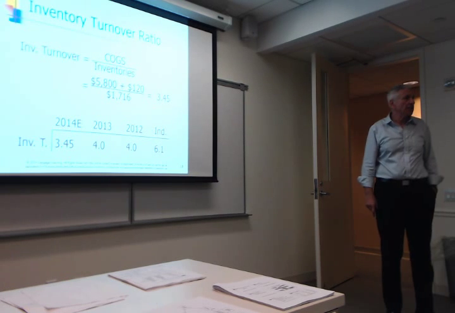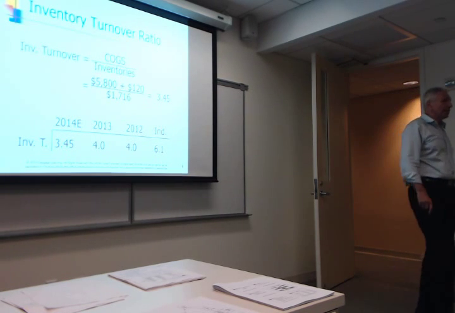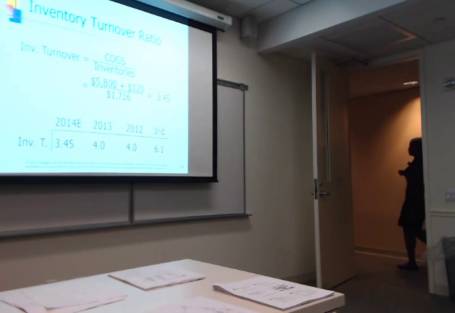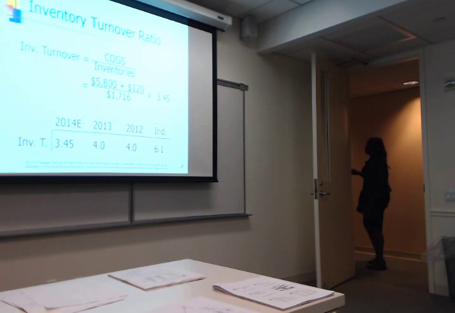Come on, don't be shy. Tells you we need to do some work here, right? If we want to keep up with our competitors who are producing that inventory and selling it. They're turning it over. We're not. So we need to do something.